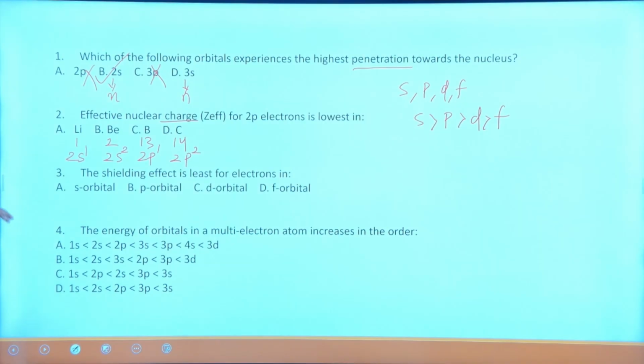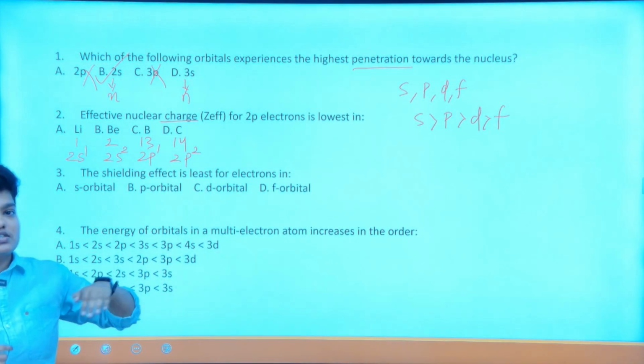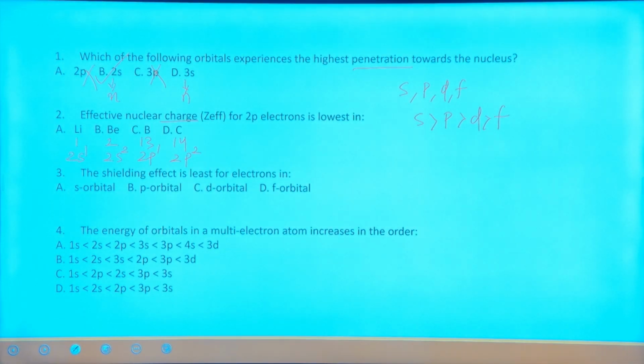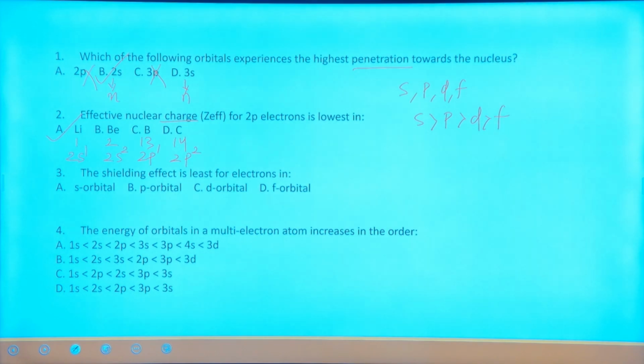So the number of electrons in the outermost shell goes on increasing, so the effective nuclear charge is also increasing, because the number of extra protons added is more, so the effective nuclear charge on the valence electron will be more. So the least will be in the case of lithium. It is the general trend. It is an easier question because the effective nuclear charge increases along the period, so lithium will be the least one.